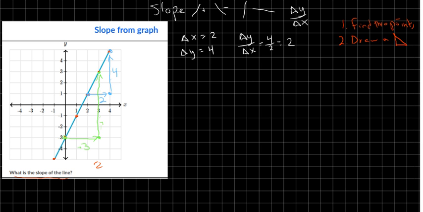I go up 6. So my change in x is 3, and my change in y is 6. My change in y divided by my change in x is 6 over 3, which is equal to 2, and these are the same answer. So it doesn't matter what points I chose.